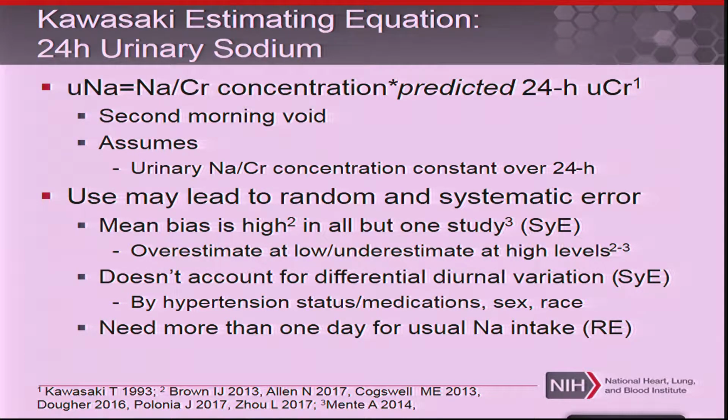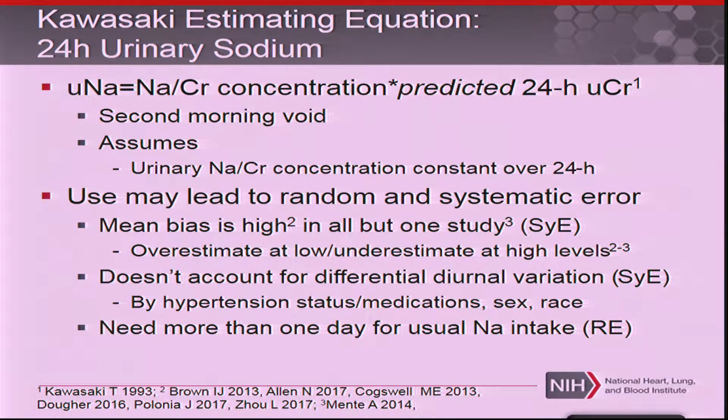Well, with the dipping that I talked about, I think that it's probably not a really great assumption. But I think its use may lead to random and systematic error. So those validation studies that I talked about, most of them have found that the mean bias is high, except for one study, and that was the validation study for the PEER study, which we'll hear about later.